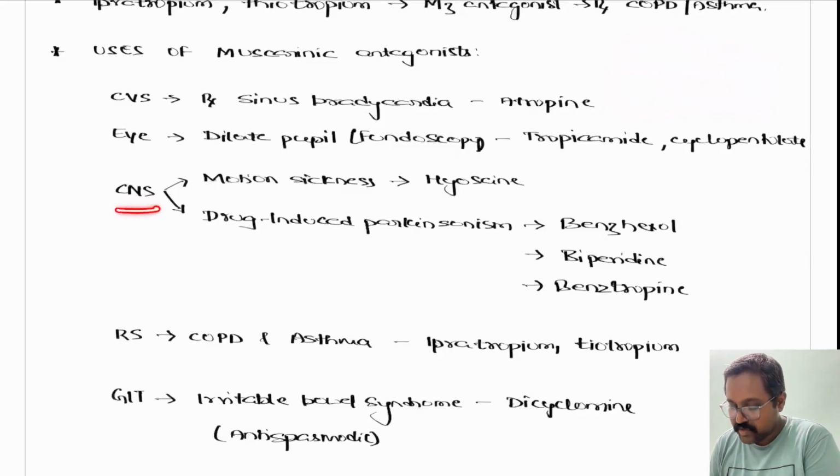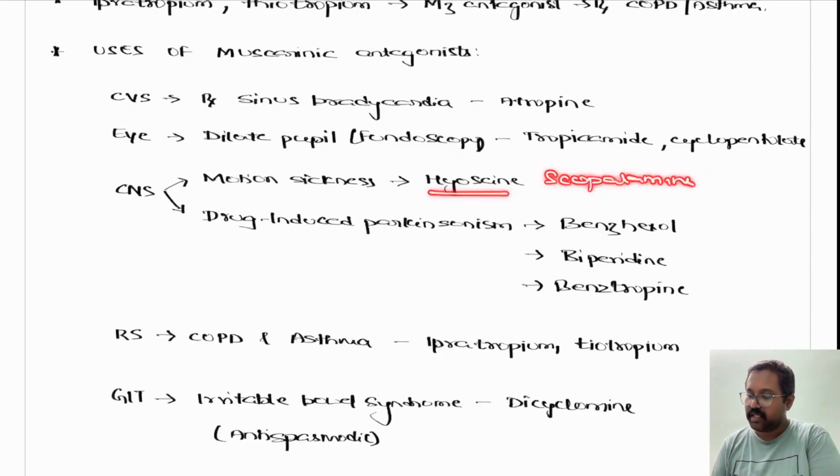So what are the CNS uses? They are used for motion sickness. The drug is hyoscine, which is also called scopolamine. They are used in the form of transdermal patches. One more CNS use is drug-induced Parkinsonism, where there is an increase in cholinergic activity.